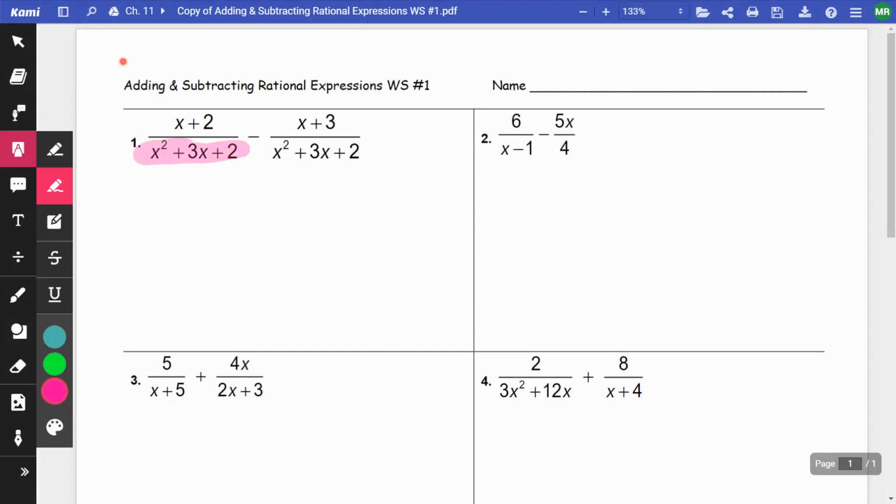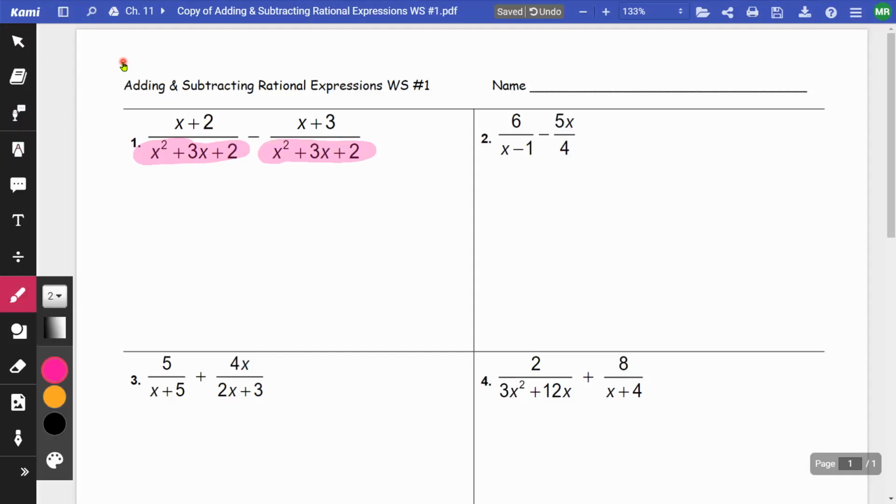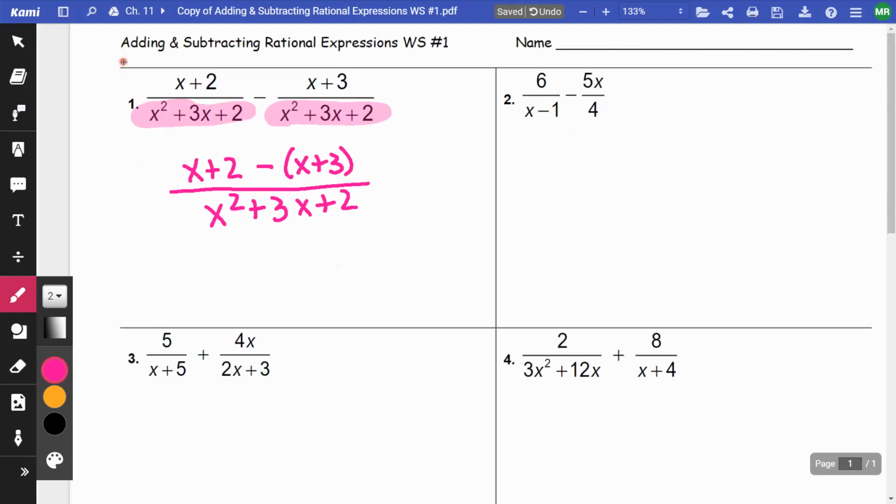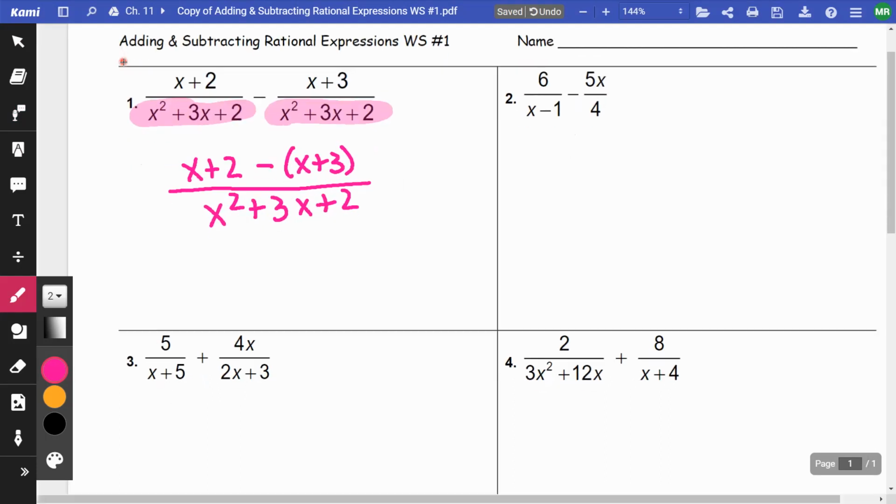So when we're adding and subtracting fractions, we have to get a common denominator. In this case, both of these denominators are the same, so I can write this as a single fraction where I'm taking the x plus 2. I want to be careful that the minus is going to be distributing to the whole second fraction's numerator, x plus 3.